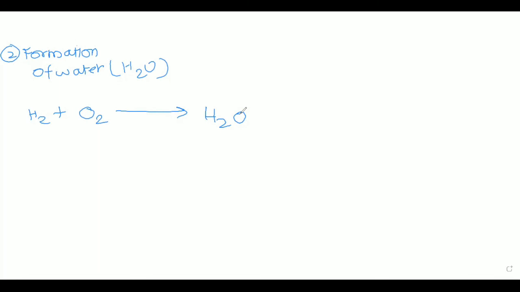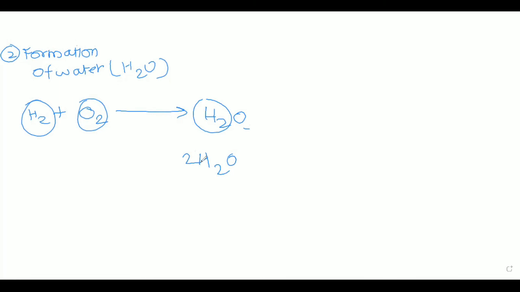Okay, now we can just solve it in the mind. Here we have 2 atoms of hydrogen, 2 atoms of oxygen, and on the right 2 atoms of hydrogen and only 1 of oxygen. So our main aim is to balance oxygen. So we'll take H2O and add 2 here.